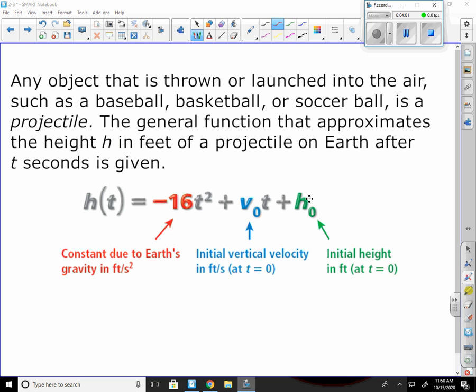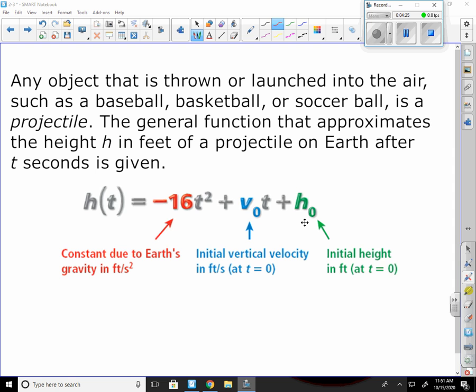And then h naught, by the way, that's called v naught because it's at t equals 0. H naught is the original height. So if I'm kicking a ball from the ground upwards, then whenever I kick it, it was already on the ground.